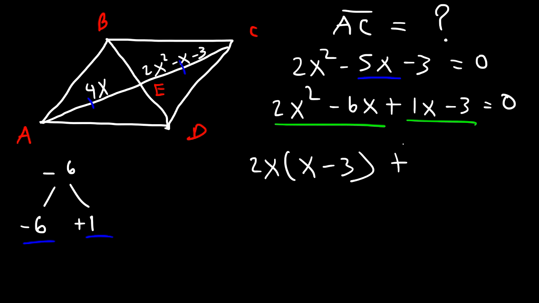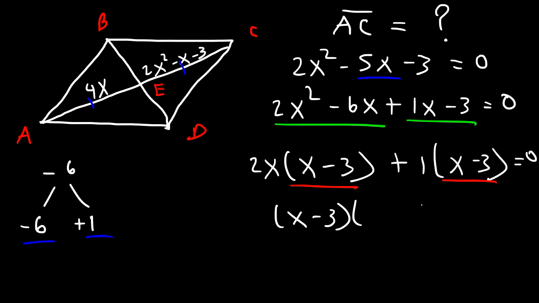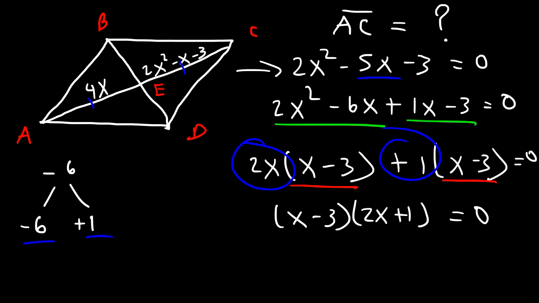If there is no GCF, factor out 1, which means what's going to be on the inside is the same, x minus 3. If these two are the same, that means you're on the right track. So we're going to factor out x minus 3, and then what goes inside the second parentheses is what we see out here, 2x plus 1. And so that's how you can factor this particular trinomial.